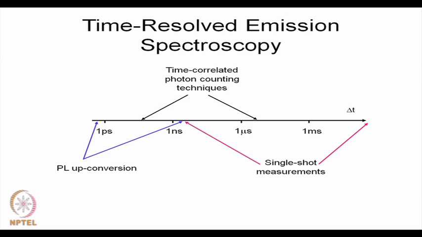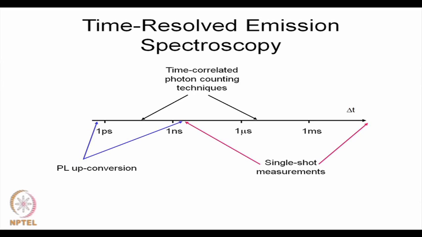So, this technique TCSPC, time correlated single photon counting, has a span in between 1 picosecond to several nanoseconds, and even above 1 nanosecond, like say tens of nanoseconds we can do that.